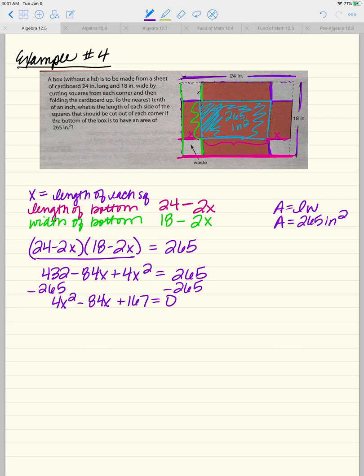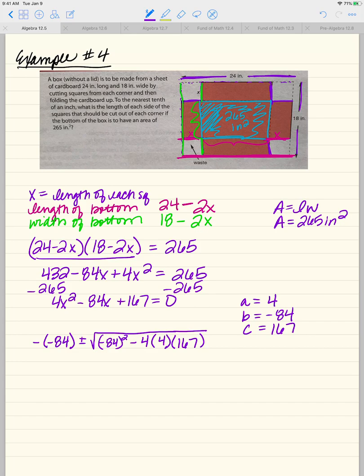Now I'm going to use the quadratic formula to solve for this. So let's identify our values. A is 4, B is negative 84, and C is 167. So the quadratic formula is negative B, so negative negative 84, plus or minus the square root of B squared, negative 84 squared, minus 4 times A times C, all over 2A.